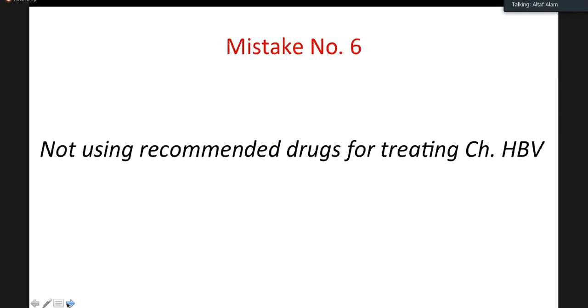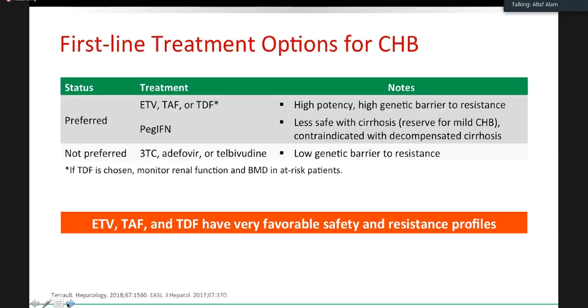Mistake number 6, not using recommended drugs for treating chronic hepatitis B. Fortunately, this has become rare because those drugs which are not recommended are not available. So let's know what is recommended.